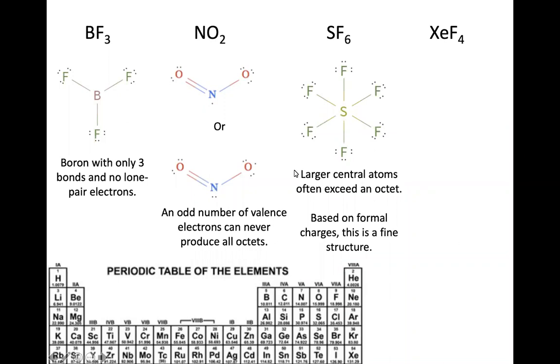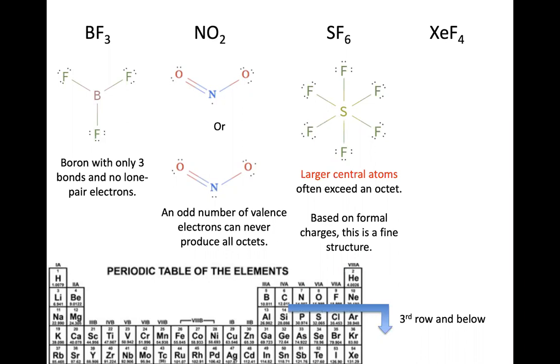Sulfur has 6 valence electrons. After I count for its formal charge, 6 minus 6, it's going to be a formal charge of 0. In fact, all of these are formal charges of 0. This is a case where I like this structure because all of the formal charges are 0, even though it meant that it was not consistent with the octet rule.